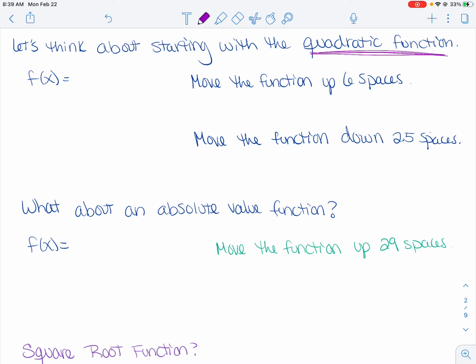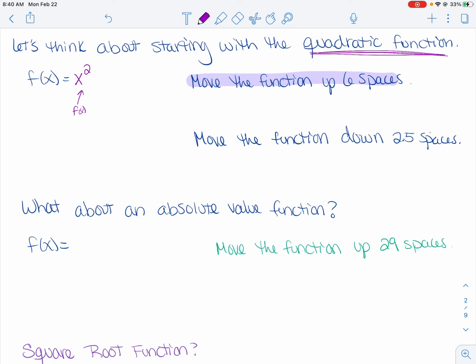So we're going to start by thinking about the quadratic function. All right, so what equation is the parent function of the quadratic? f of x is equal to x squared, right? So this is our f of x. That's what that function is. And this first one is asking me to move the function up 6 spaces.